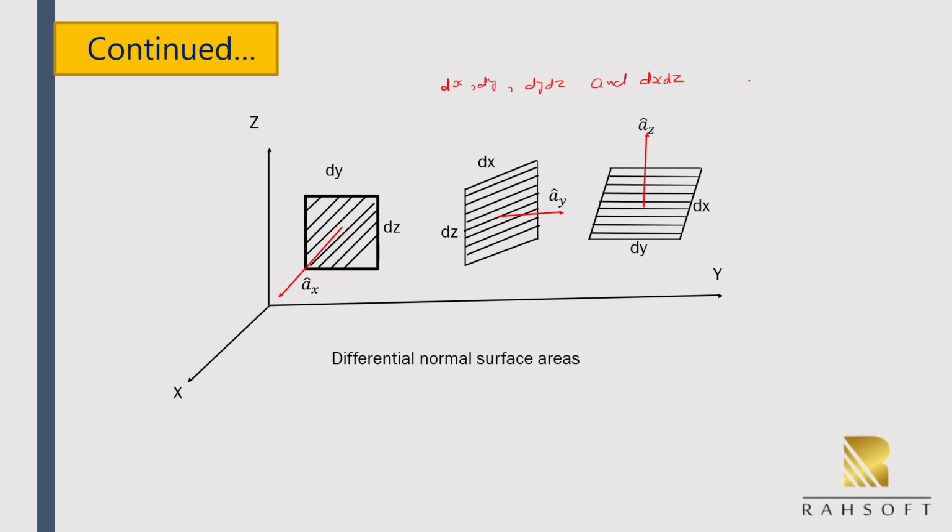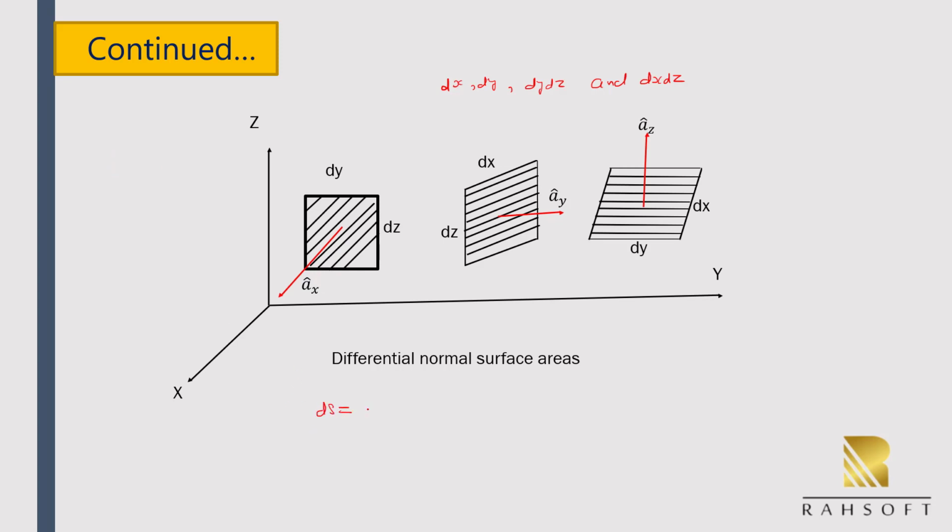The first two will be positive while dx dz will be negative. In vector form of the area, the magnitude is equal to the area and the direction is that of the normal to that area. So the differential area ds can be expressed as follows.